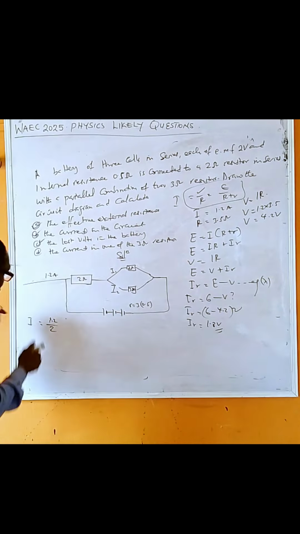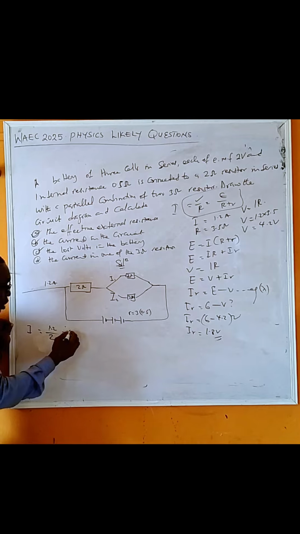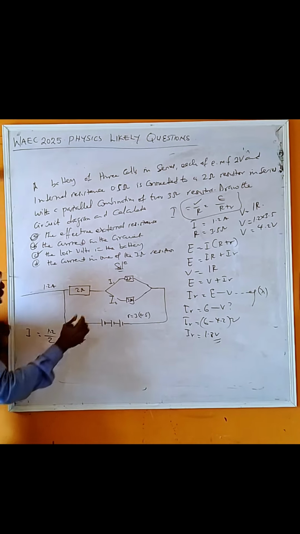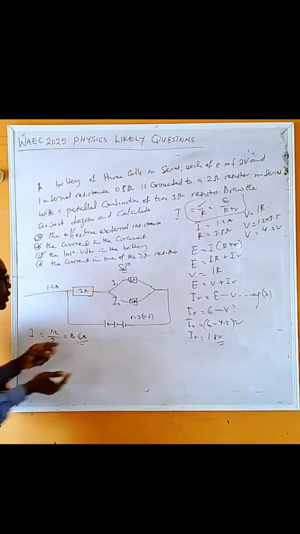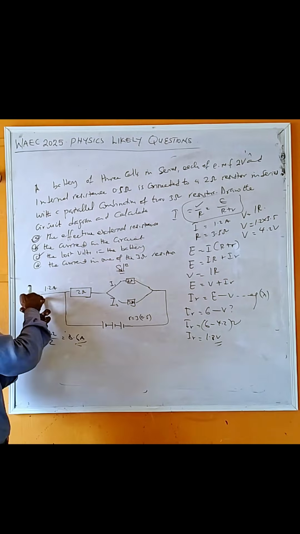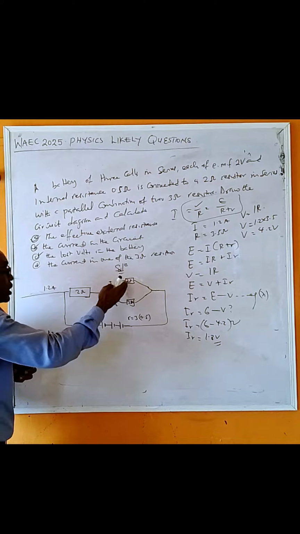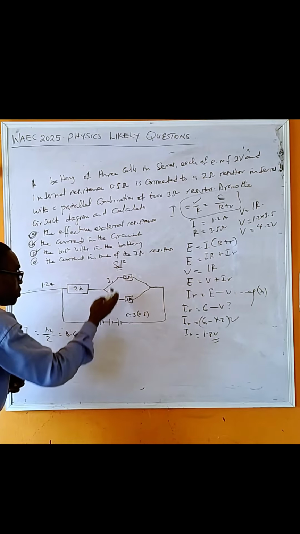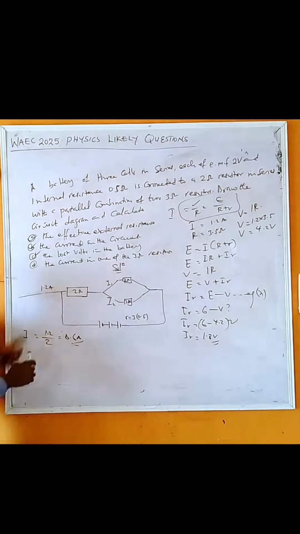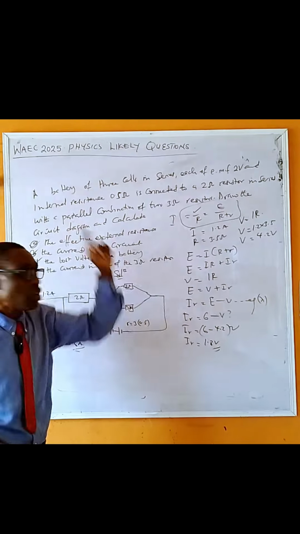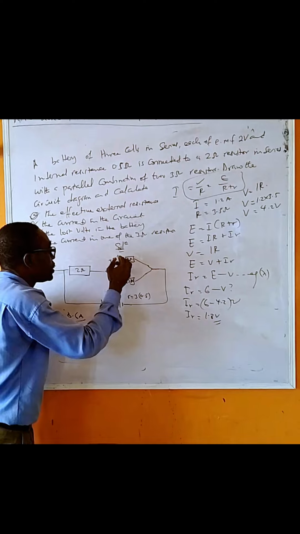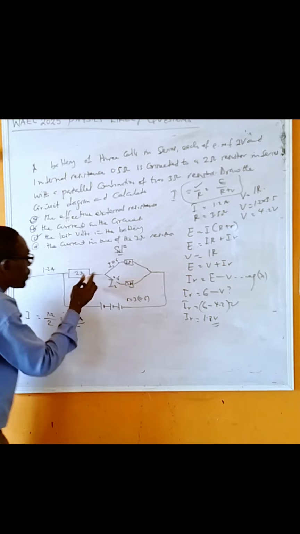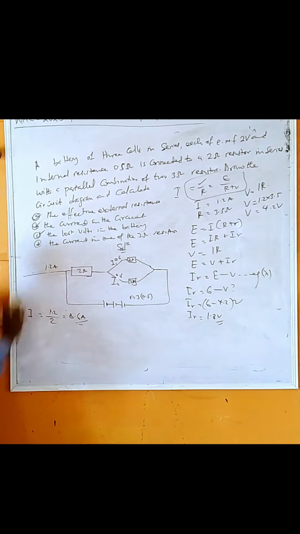So 1.2 divided by 2 gives you 0.6 ampere. So the current in one of them will be 0.6. The addition of both will equal the total: 0.6 plus 0.6 gives you 1.2, which is the total current coming here.